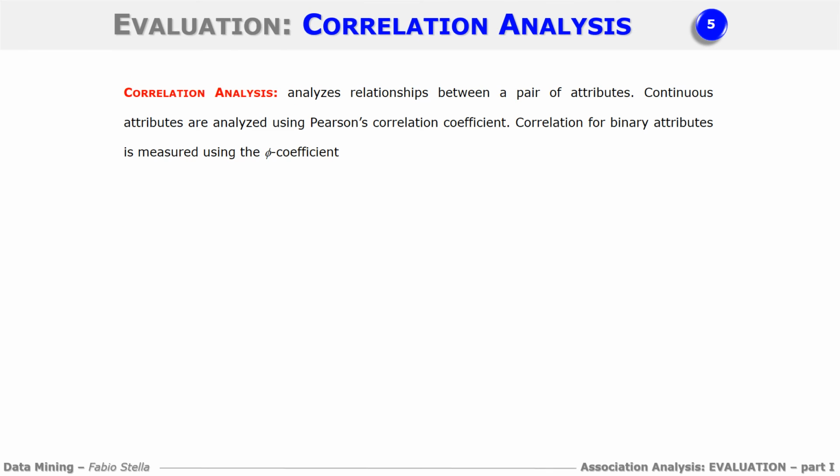The second interestingness measure we introduce is correlation analysis. It analyzes relationships between a pair of attributes. In particular, continuous attributes are analyzed using Pearson's correlation coefficient. Correlation for binary attributes is measured using the phi coefficient, which is defined as follows.